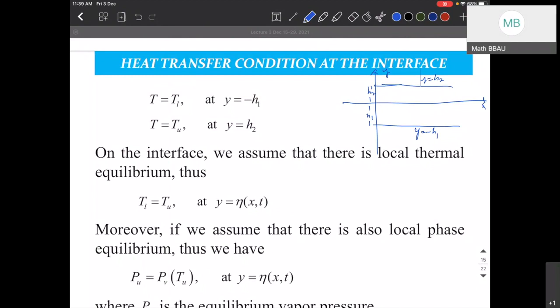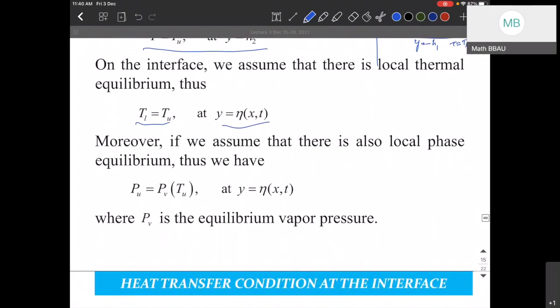So in this case, the fluid has temperature Tu. This is T is equal to TL, and in this case, T is equal to TS at the interface. This was in the basic state. So T is equal to TL, this one, T is equal to TU, and TL is equal to TU, which is TS at y is equal to eta xt, because we are considering local thermal equilibrium.